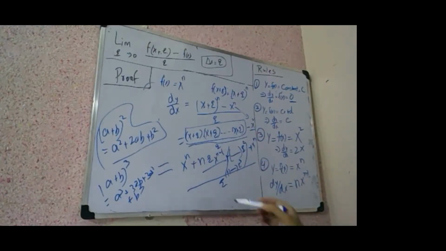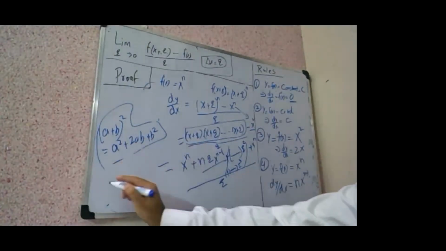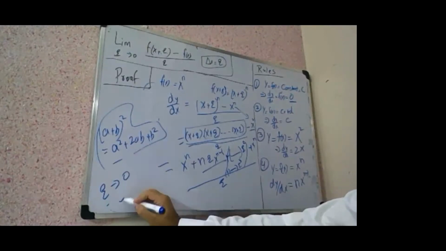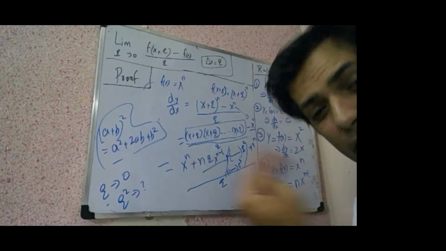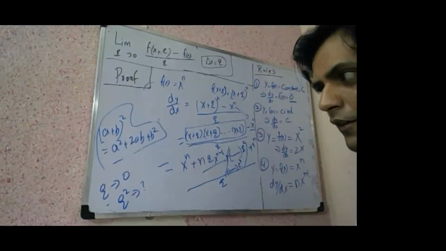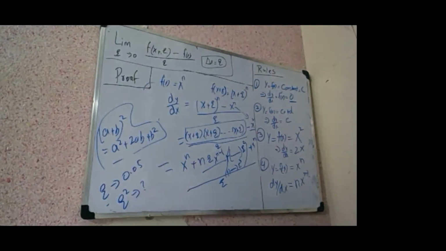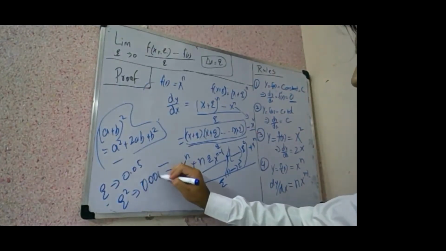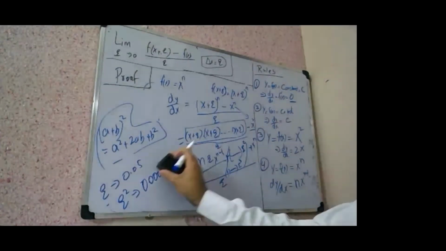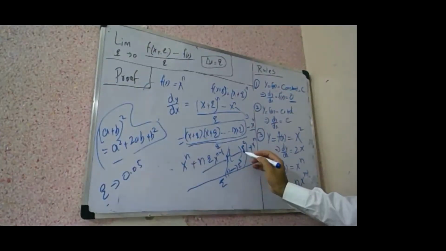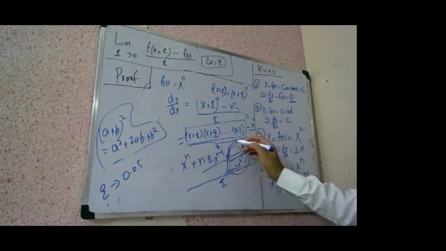Now, because we know epsilon tends to 0, what does the square of epsilon tend to? Of course, it goes further close to 0. You can say, if epsilon is 0.05, what will be epsilon square? It will be 0.0025, something like that. So it goes further close to 0. So all these terms, because they're really close to 0, I can consider as 0.